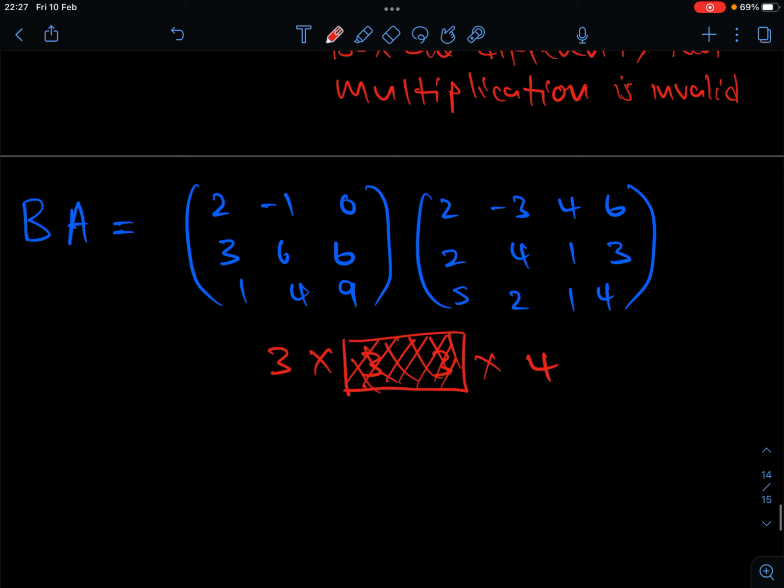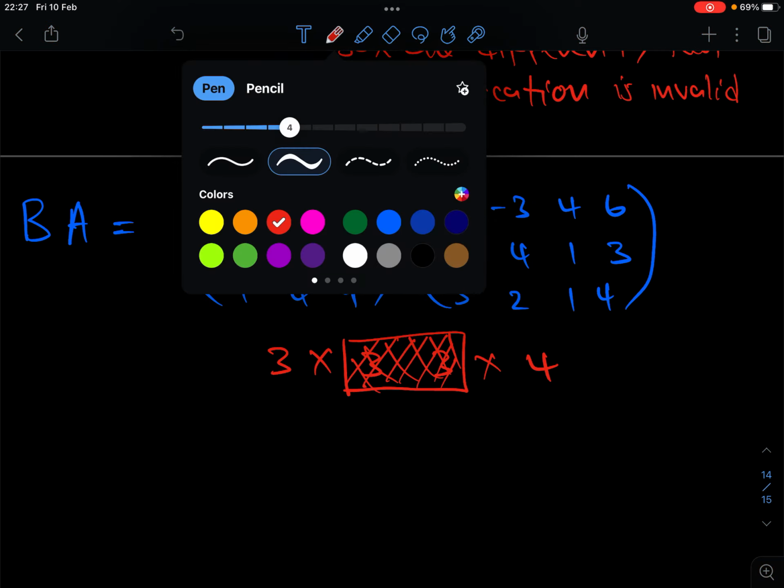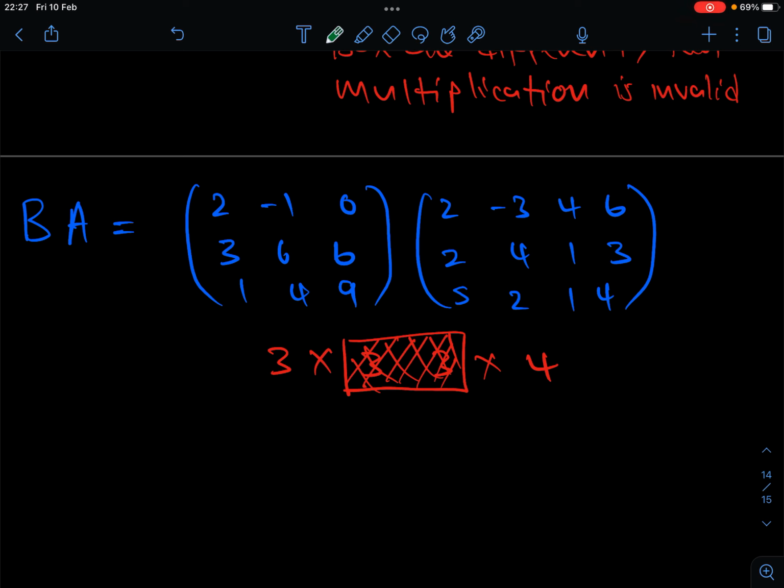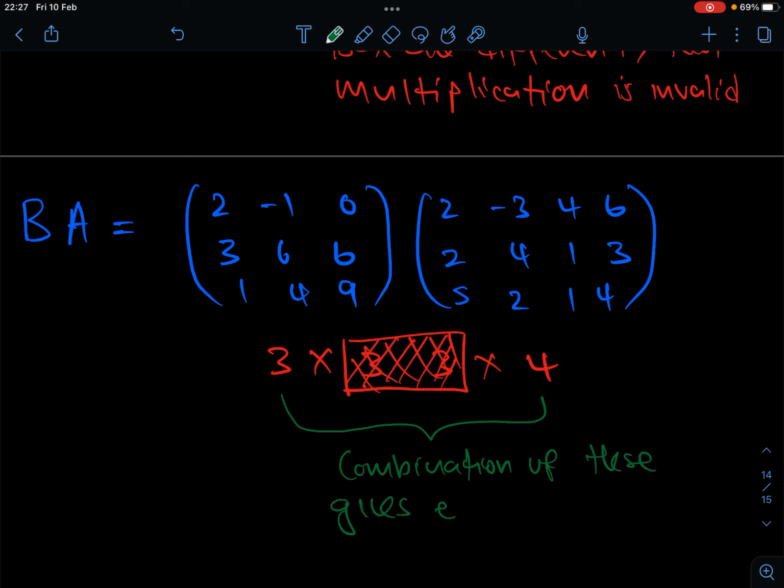But now, what about the outside numbers? You see? This outside thing also tells you something else. A combination of these gives the order of the resulting matrix.